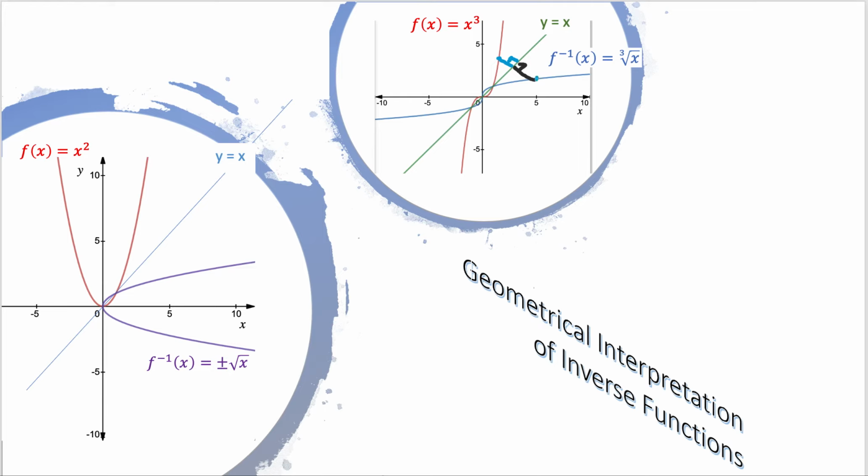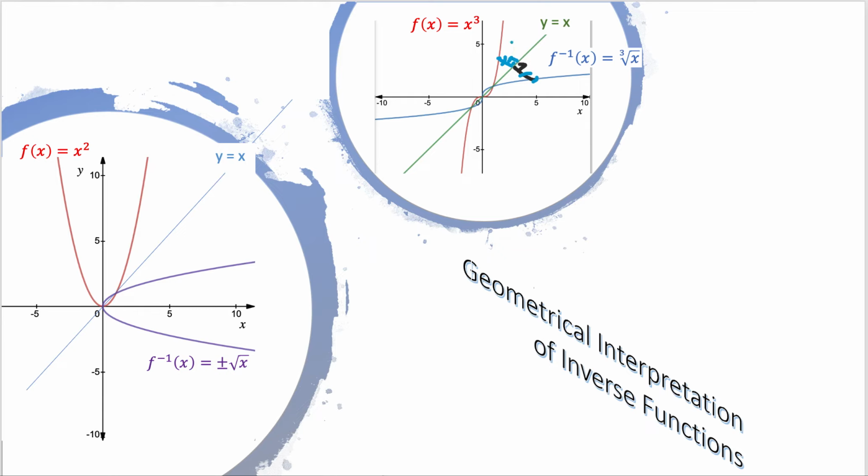Now the distance from the point on the graph of the inverse function to the line y equals x is equal to this segment from the point on the graph of the function to the line y equals x.